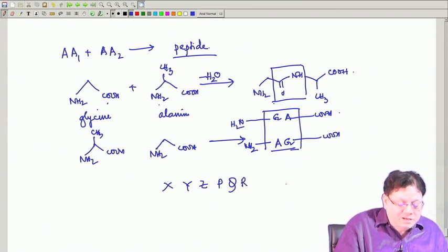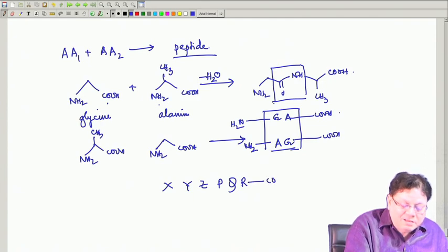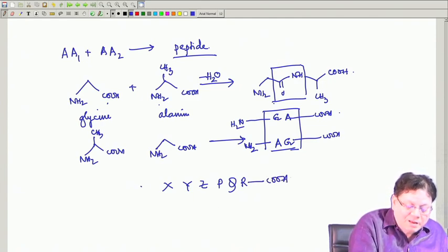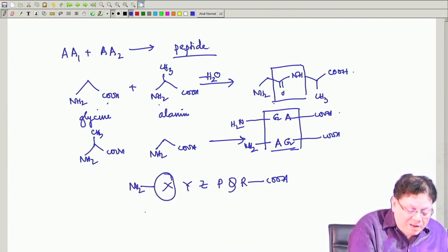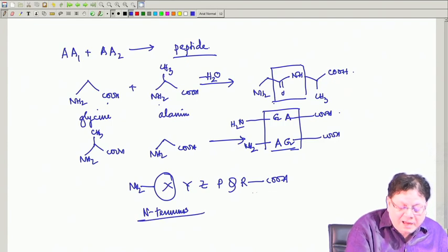If I write this, suppose these are all amino acids, then immediately it says that this end has carboxy free and this has got NH2 free, and this will be called the N terminus amino acid and the other, this is the C terminus amino acid, C terminus or the carboxy terminus.